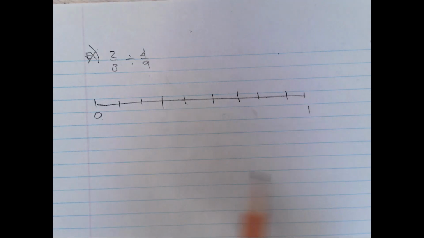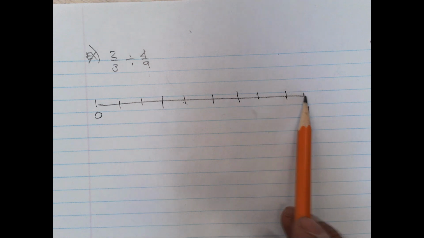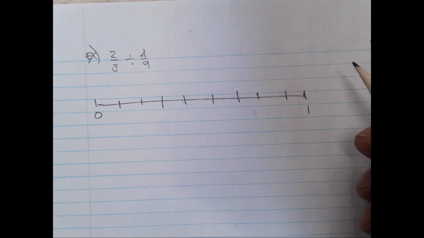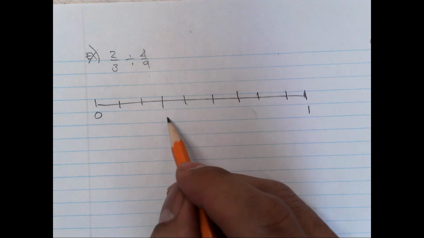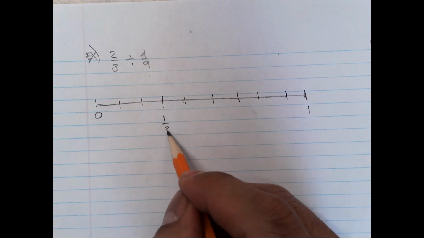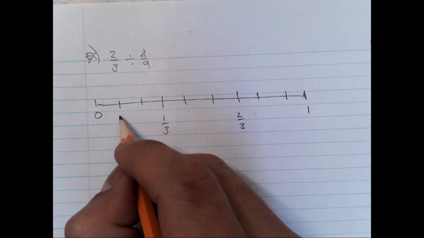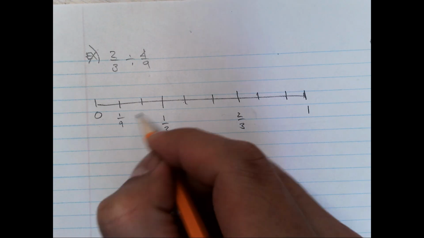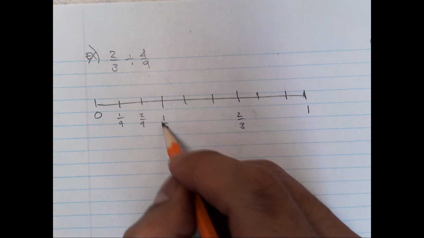And so now I do have 1, 2, 3, 4, 5, 6, 7, 8, 9, where this is 9 over 9 equal 1. So I'm going to start with this as 1/3. This is 2/3. What about everybody else? Well, I'm going to use this as 1 over 9, 2 over 9, 3 over 9.